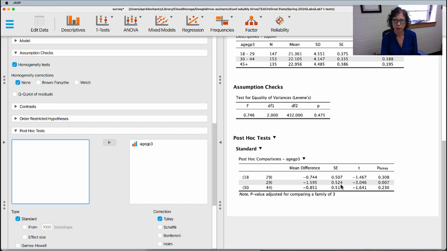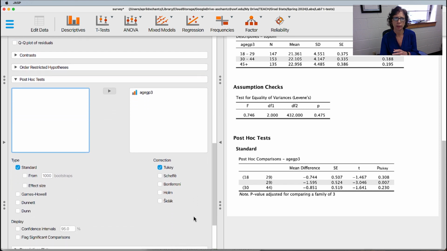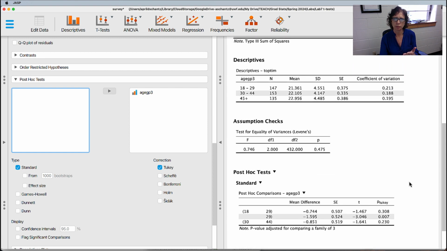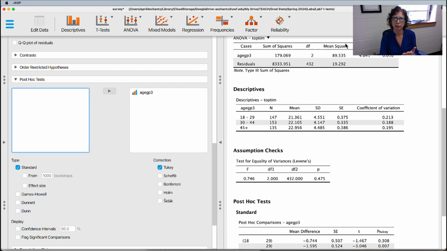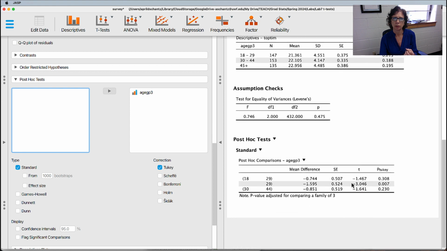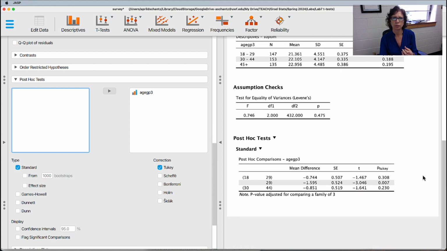And when we come across here, we see that we do have a significant p-value that's already corrected for Tukey. And that's what's going on as a correction, because when we test over and over the same data, like we tested it here for the ANOVA, we have 3 tests for pairwise comparisons.